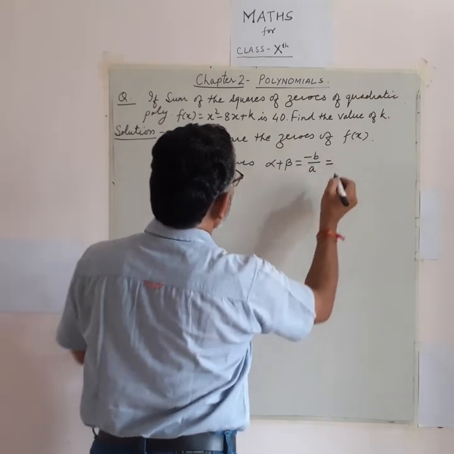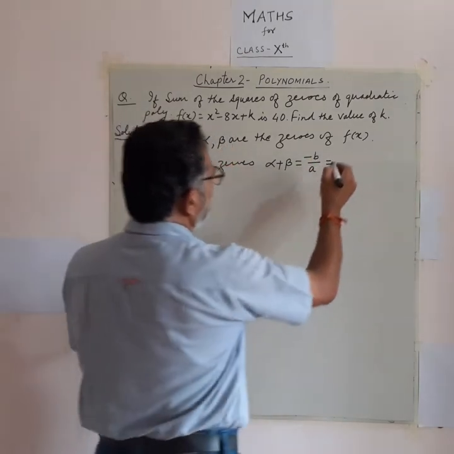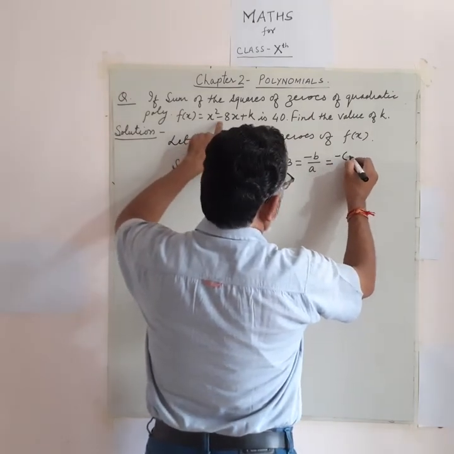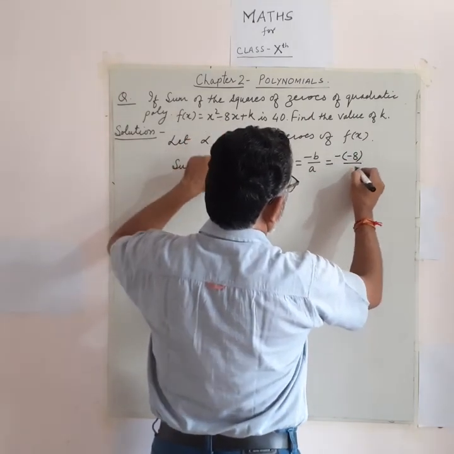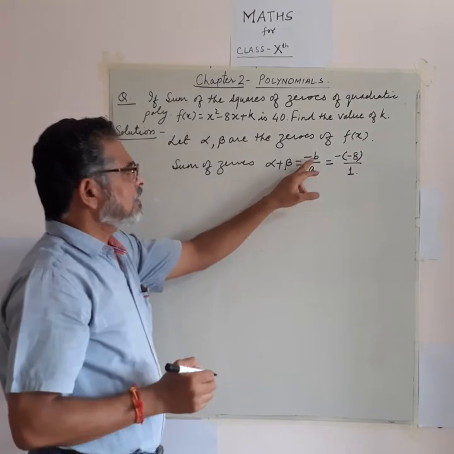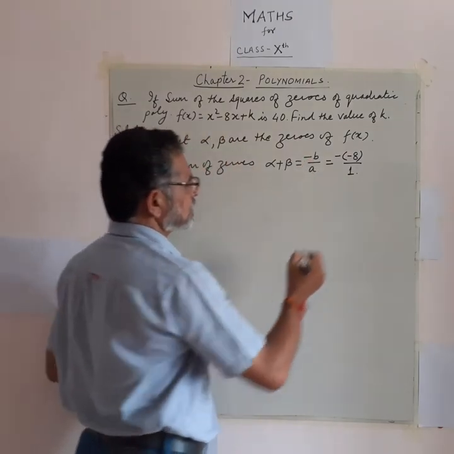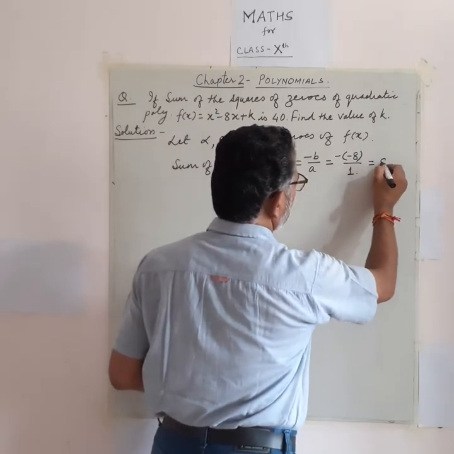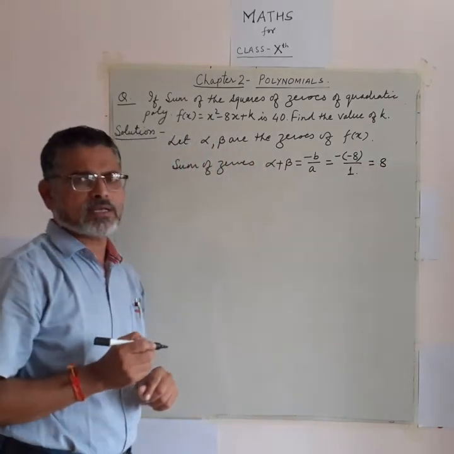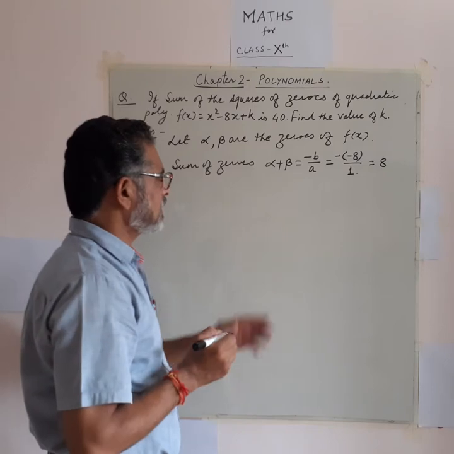And what is the value of minus b? Minus of minus 8 upon 1, where b and a are the coefficients of the polynomial. So this becomes 8. Minus of minus 8 is 8 upon 1, that is 8.